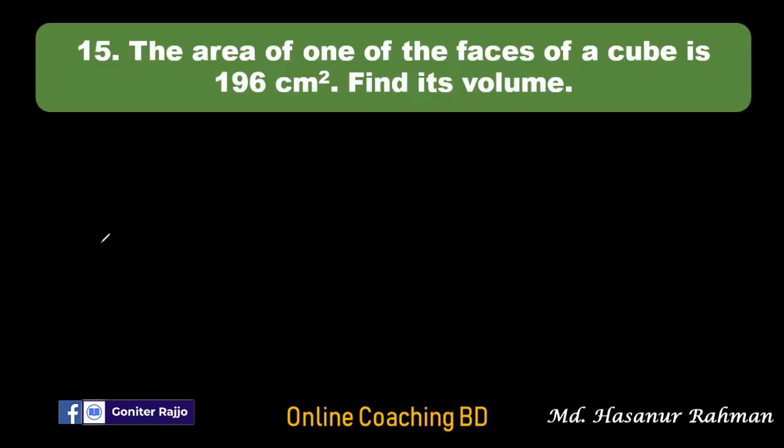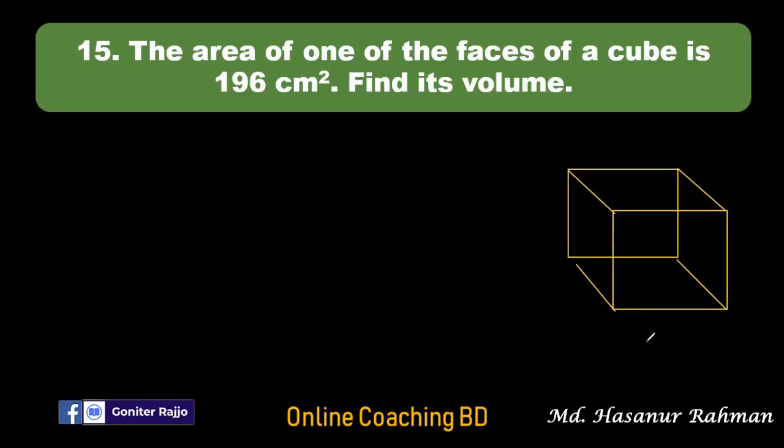The area of one of the faces of a cube is 196 centimeters square. Find its volume. So maybe that area or that area or that area. That means in a cube, area represents the surface area, and you will get 6 surfaces in a cube.